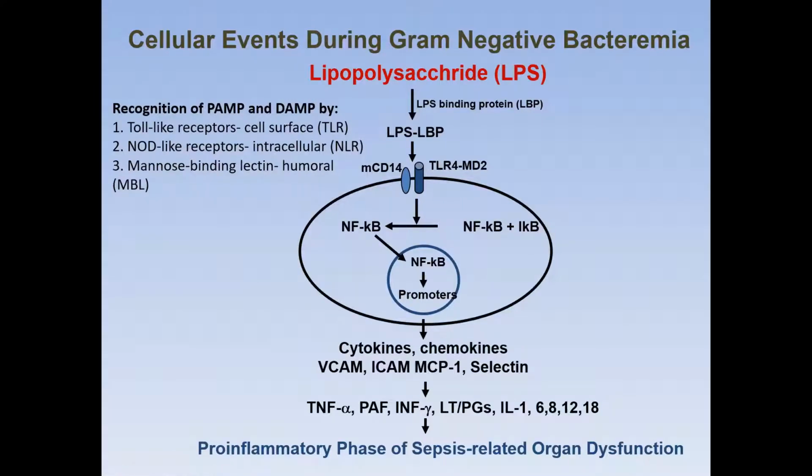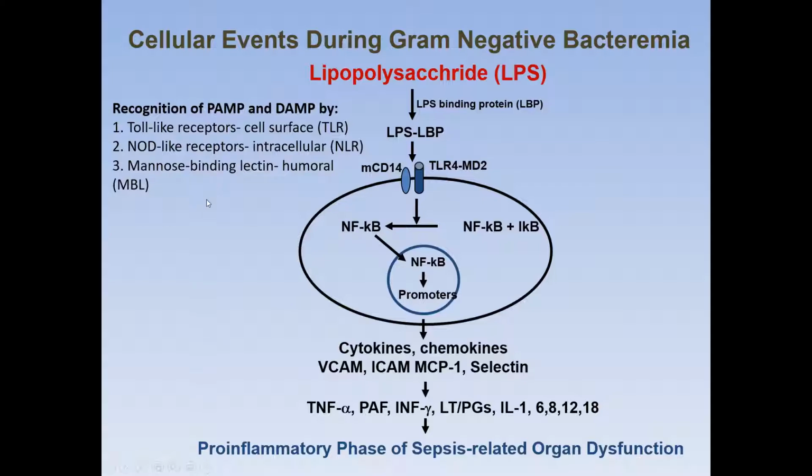Pathophysiology: you know that the immune system, the innate immune system, can recognize foreign antigens and can also recognize molecules that are released from damaged tissue. How can it recognize these? These are recognized by certain receptors.